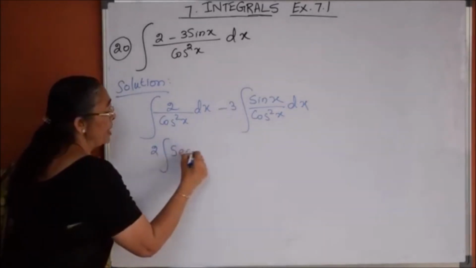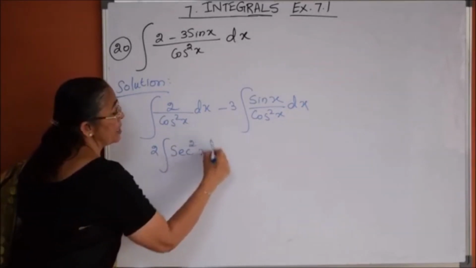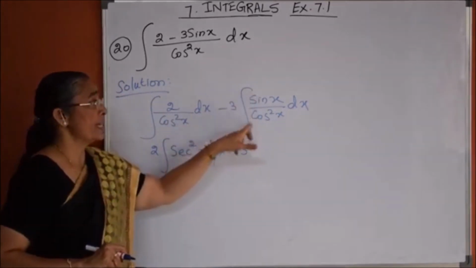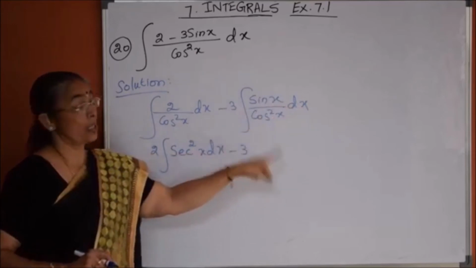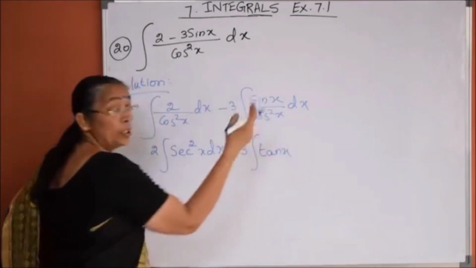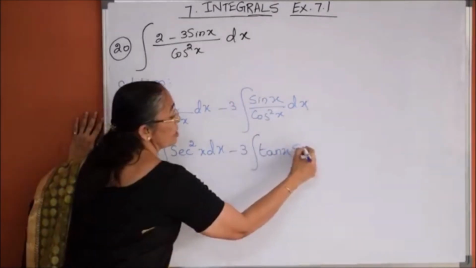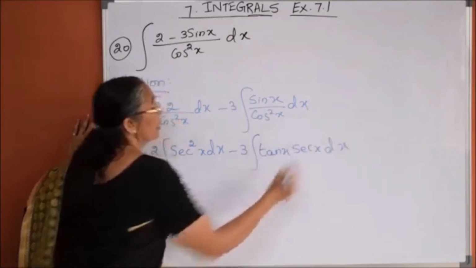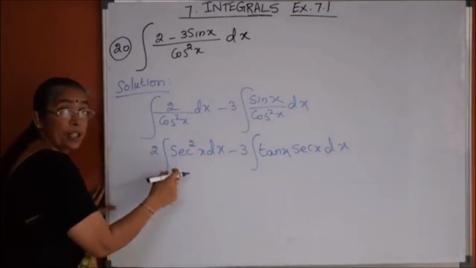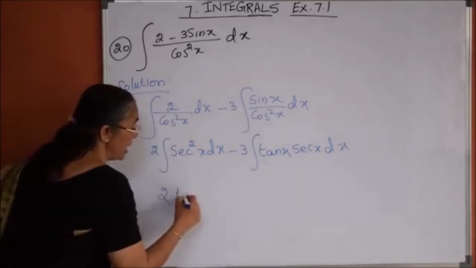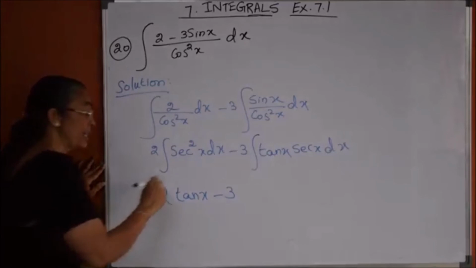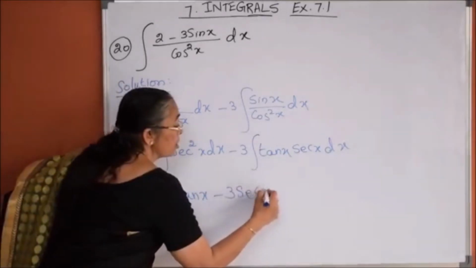Therefore, 1 by cos square x is secant square x dx, minus 3 times, this can be written as sin x by cos x into 1 by cos x. That is, sin x by cos x is tan x, into 1 by cos x, which is secant x. Now, we have direct formulas for these integrations. 2 times the integration of secant square x dx is tan x, minus 3 times the integration of secant x tan x, which is secant x, plus c.